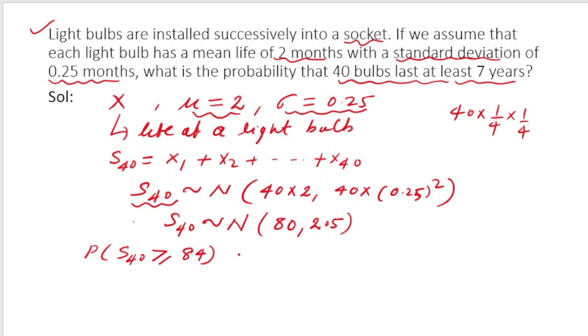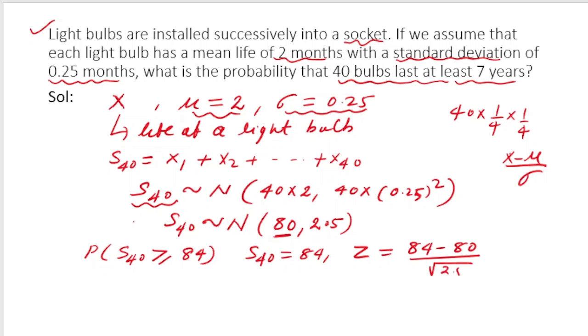So how do you calculate? First of all, for S40 equal to 84, you calculate the z value, because it follows the normal distribution, so you can convert it into a standard normal variate. Do you remember? It is calculated as x minus mu divided by sigma. Here x is 84 and mu is 80, because it follows the normal distribution with mean 80, and the variance is 2.5, so sigma is the square root of 2.5.